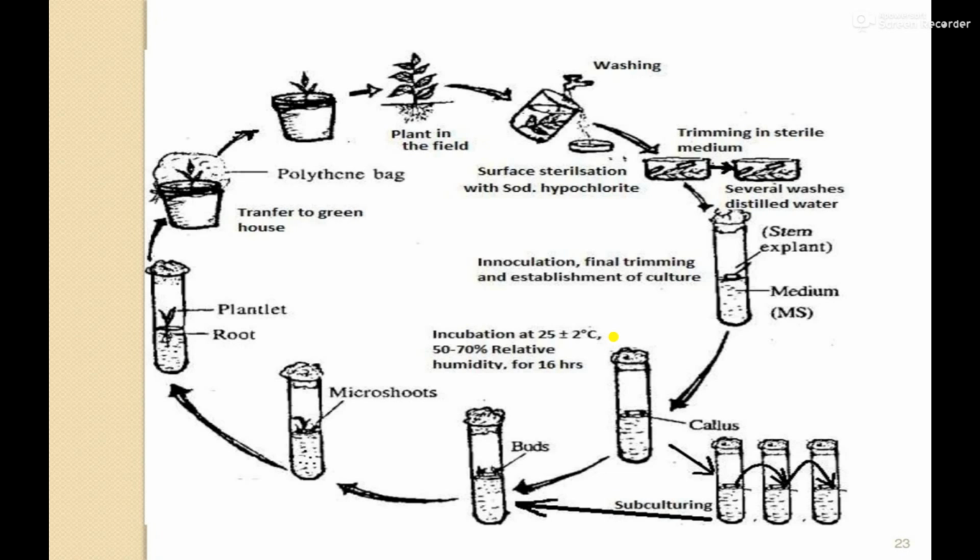You can see here, first the plant in the field, then washing, then surface sterilization with sodium hypochlorite, trimming in sterile medium, then several washes with distilled water, then transfer to a test tube for inoculation or final trimming and establishment of cultures, with stem as the explant and MS as the medium.